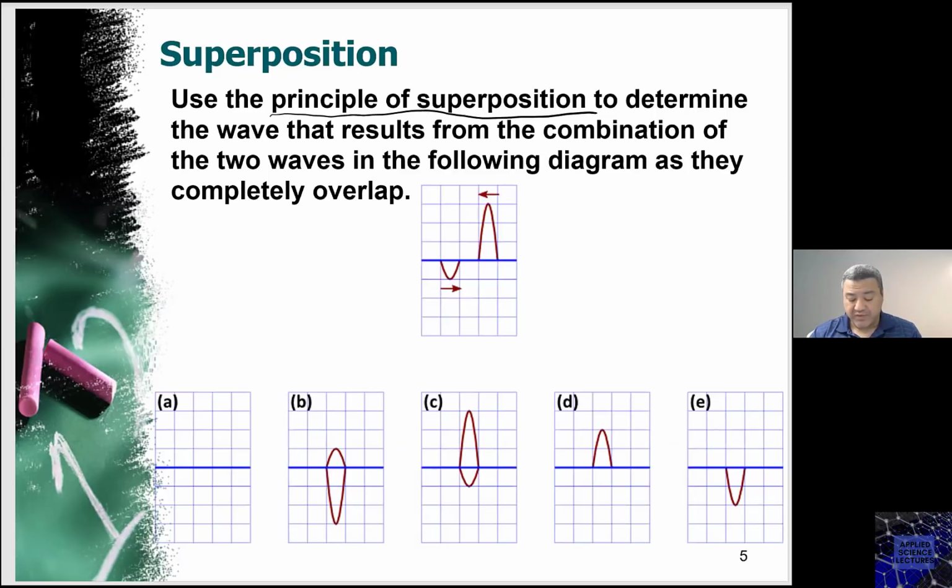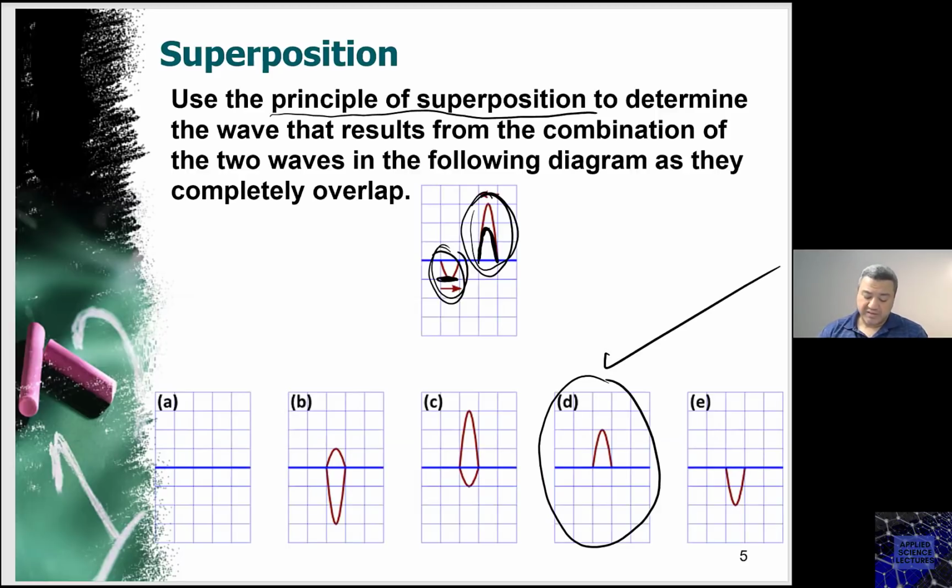This signal overlapping with that signal is going to result in this signal. Why? Because they are out of phase, and in this case, this one would be subtracted from this one. It's going to result in a peak reduction, and that's why the peak will be somewhere like here, and this is what's happening here in D.